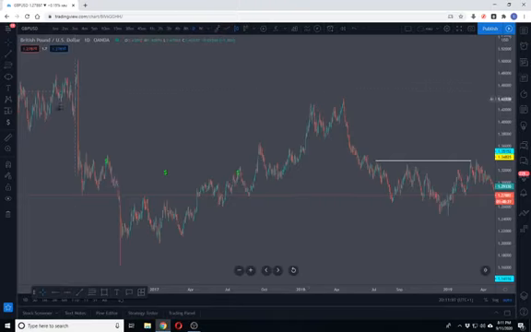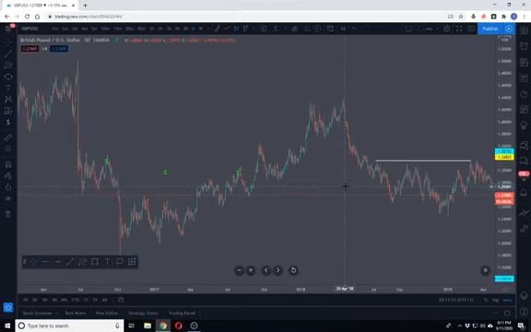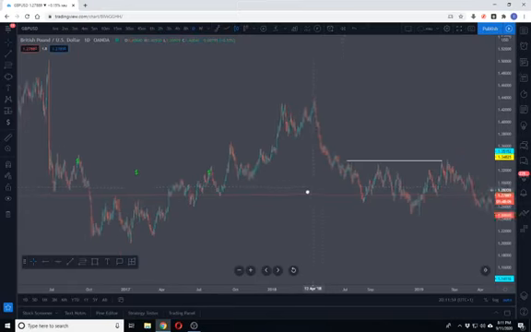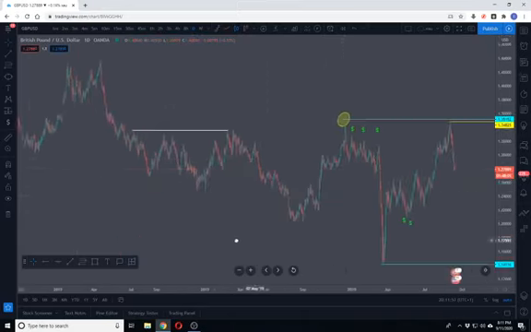Even that move you could have traded, but because of the time frame, it took from 2016 all the way to 2018, two years.